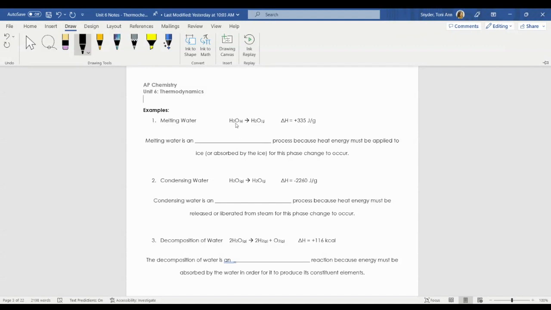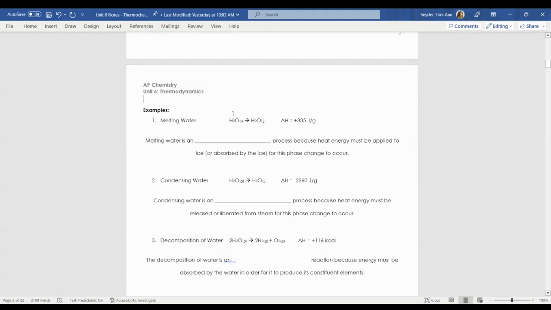But in order for water to melt, we have to put energy in because solids have vibrational energy only, whereas to become a liquid, I have vibrational and translational energy. Translational means it could slide past each other. So in order to gain that extra energy, I have to input energy. I have to warm up the ice. I have to add heat in order for this to happen.